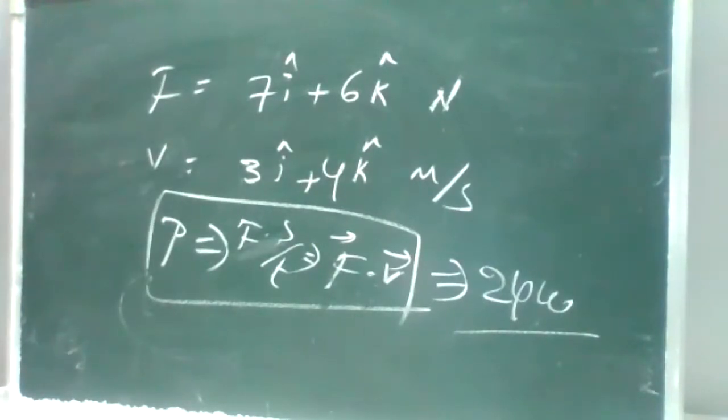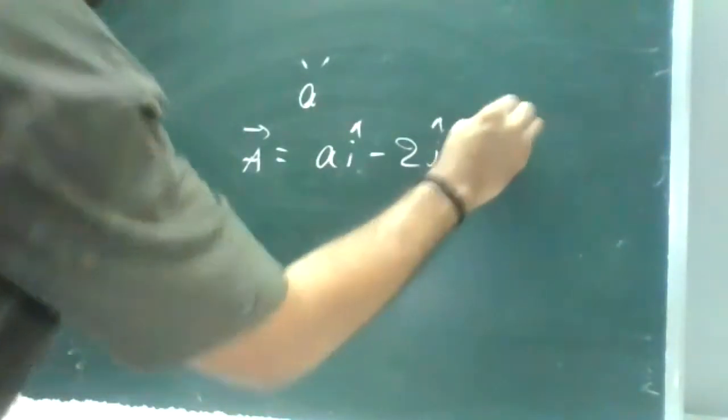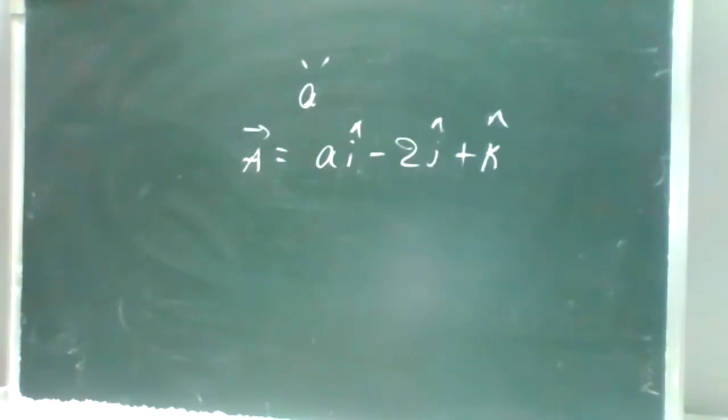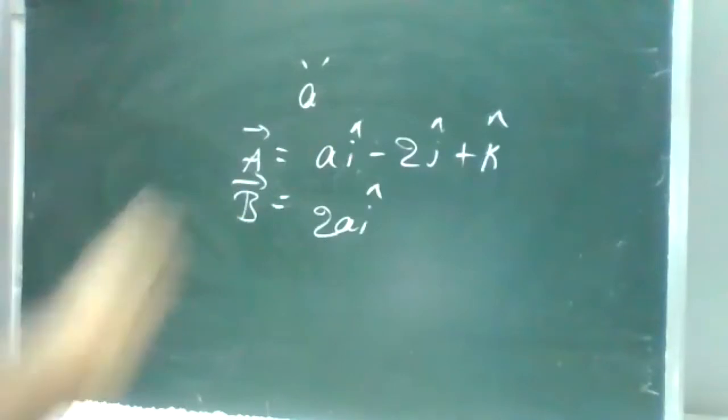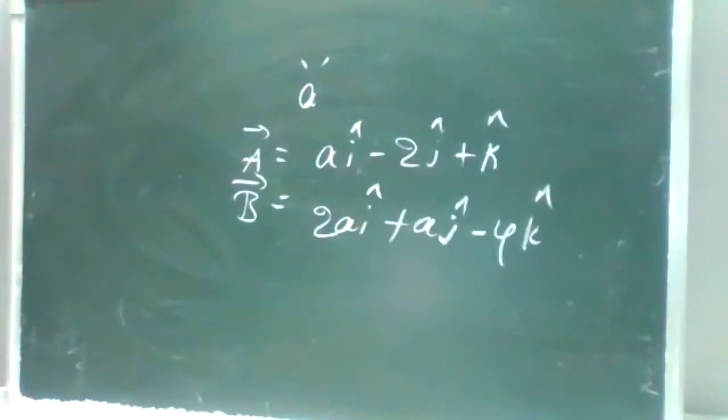Okay. For what values of small a are the vectors a vector equal to a i cap minus 2 j cap plus k cap, and b vector equal to 2a i cap plus a j cap minus 4 k cap, perpendicular to each other?